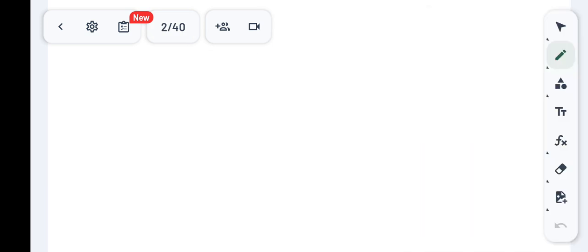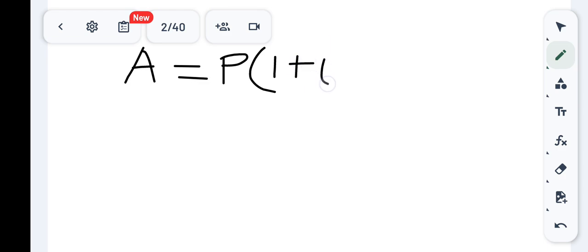So how do we calculate compound interest? This is the formula that we are using when we are dealing with calculations involving compound interest. That is, A is equal to P into (1 plus i) all to exponent n, where A is the accumulated amount.